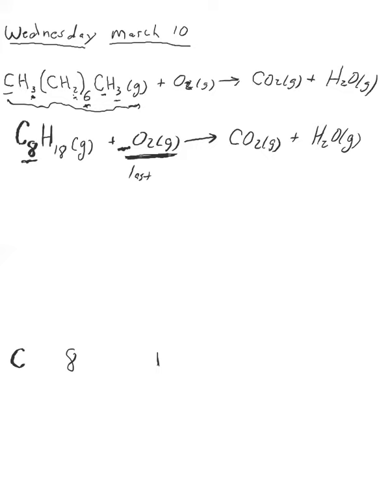Remember, we don't change the subscripts, because if you change the subscript to C8O2, you would create something that doesn't exist in nature. So the subscript is fundamental to what the material is. For example, CO is carbon monoxide. That's a poisonous gas that will kill you. CO2, 1 carbon, 2 oxygens, is carbon dioxide.